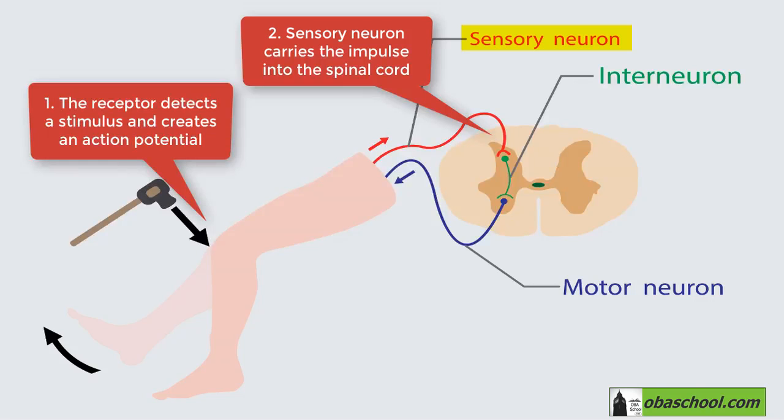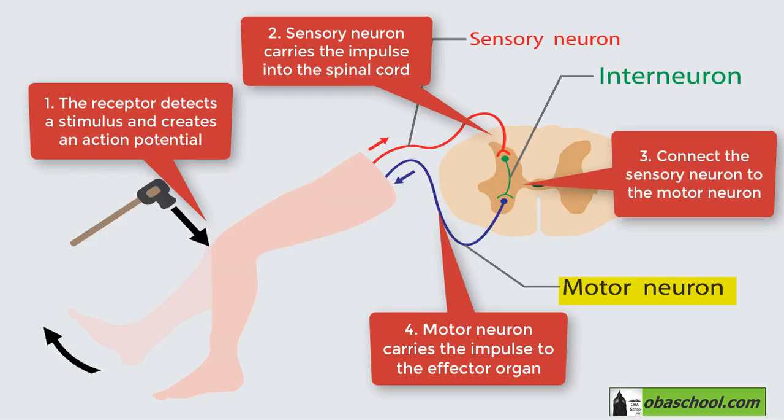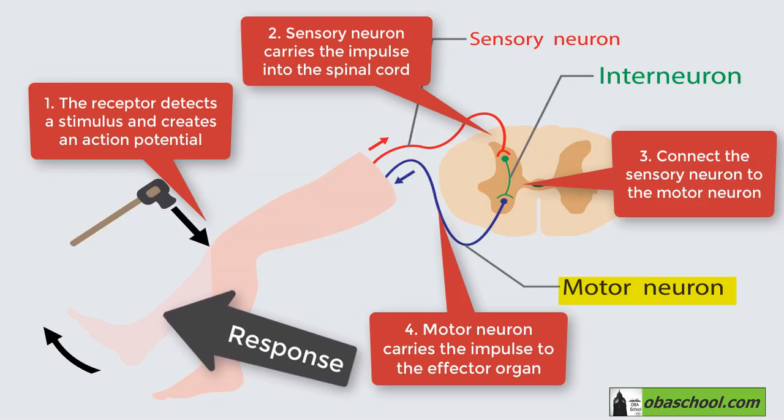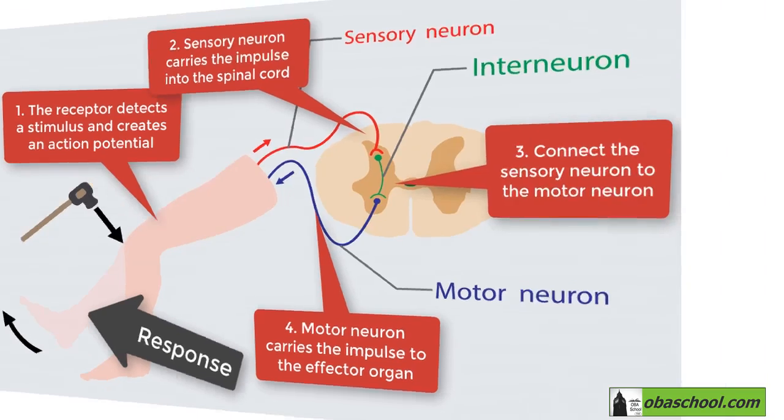Inside the spinal cord, there is the relay neuron. The relay neuron connects the sensory neuron to the motor neuron within the spinal cord. After that, the motor neuron carries the impulse to the effector organ, mainly the muscle, to carry out the appropriate response. So these steps are common in almost all types of reflexes.